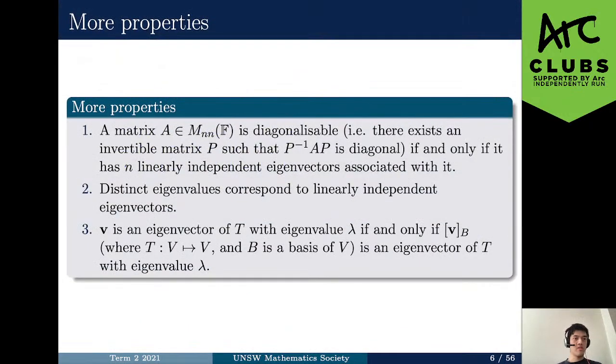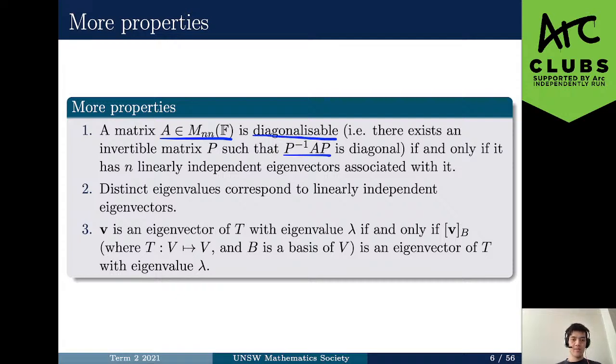Okay. So in terms of other properties, a matrix A, again, is a square matrix. All of this discussion of eigenvalues and eigenvectors is only relevant for square matrices. So saying the matrix is diagonalizable, diagonalizable meaning that we can write it in the form of this.